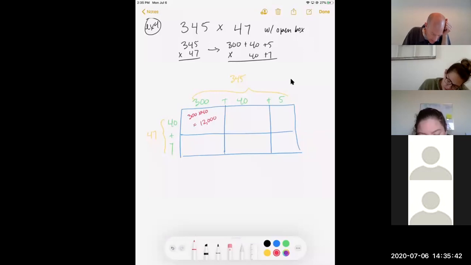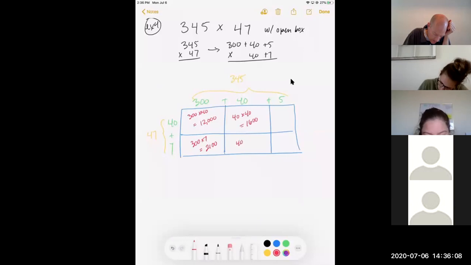So that's what's great about this way of approaching the problem, is that you can multiply the single digits together and then use the powers of 10, multiples of 10, to push all the zeros together. This one is going to be 300 times 7, 2,100. 40 times 40 is my next one. 4 times 4 is 16, put down the zeros.